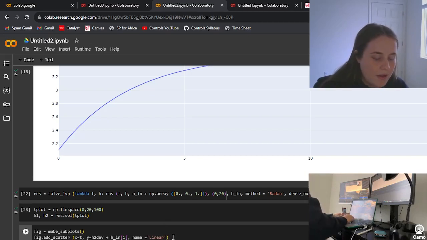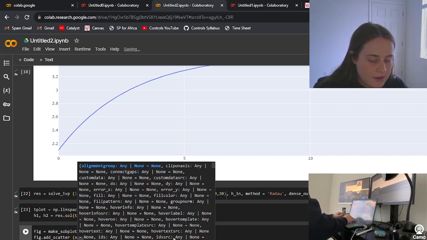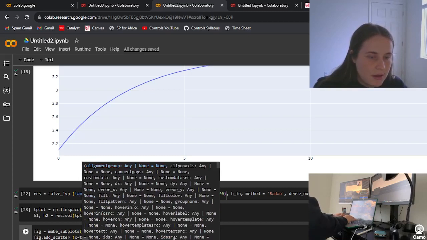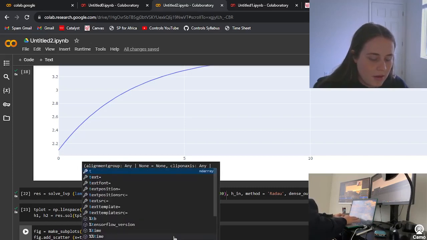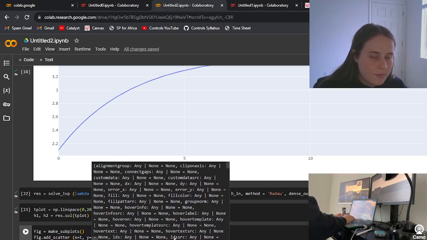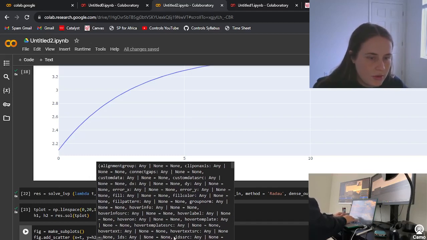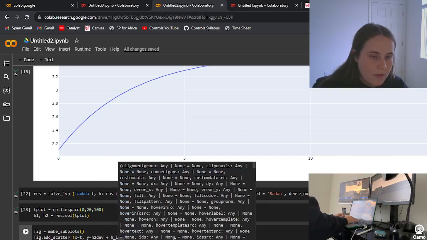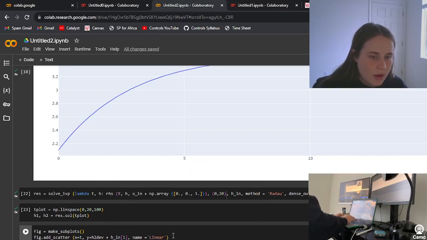Then we'll add another fig.add_scatter, where x equals t_plot, and then y equals h2, and the name of this will be nonlinear.